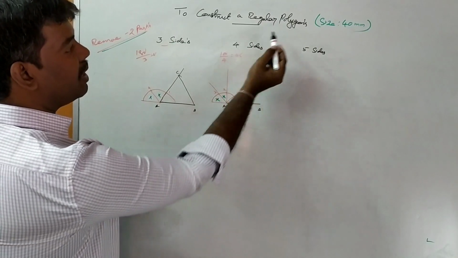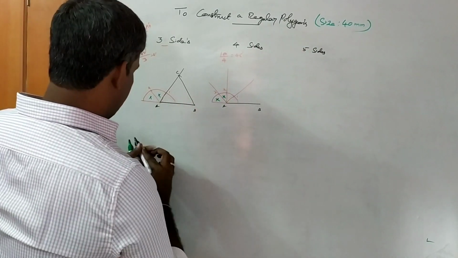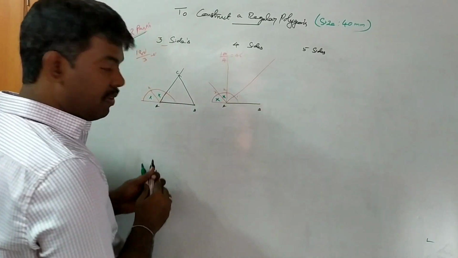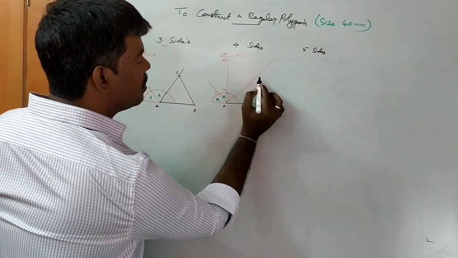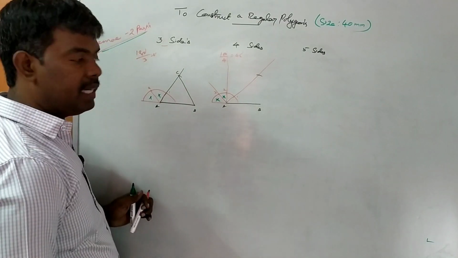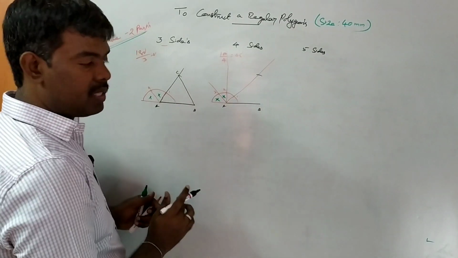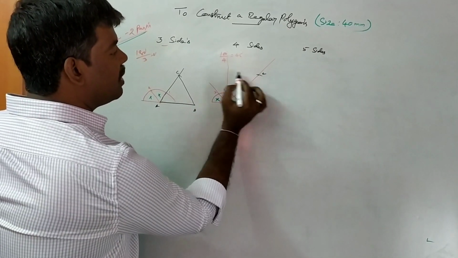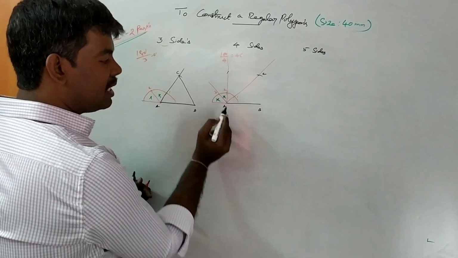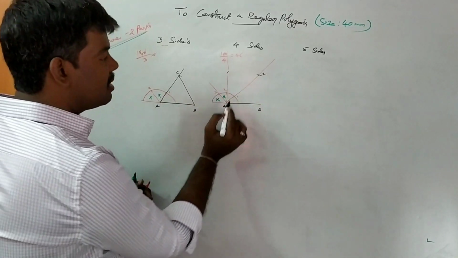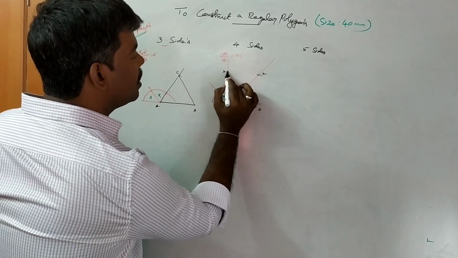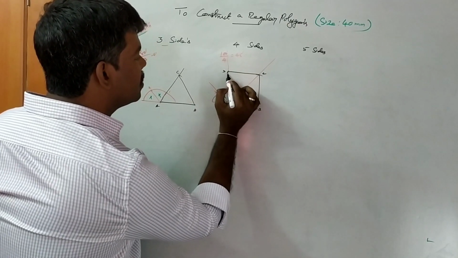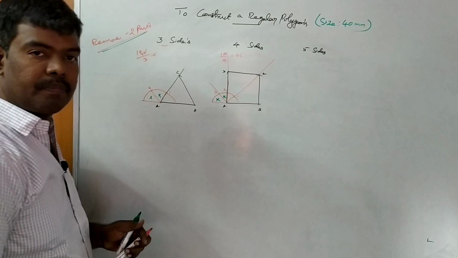So take 40 as the radius, B as the center, you draw one arc and intersect the arc on that extension. Next, from here, let us consider C. From here you intersect an arc, or otherwise from A you draw a 40 size arc. It is D. So now you join it. So this one is a square.